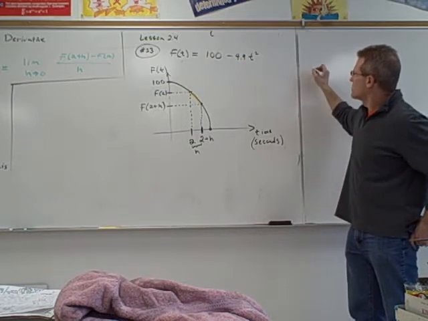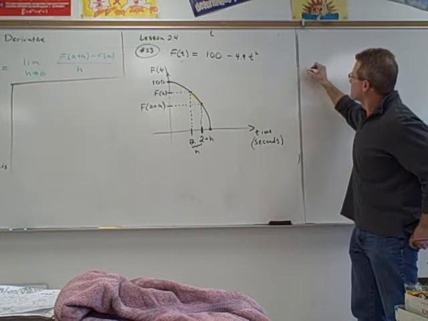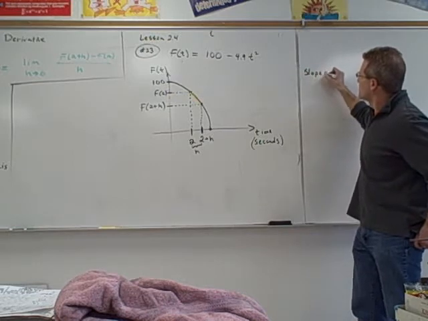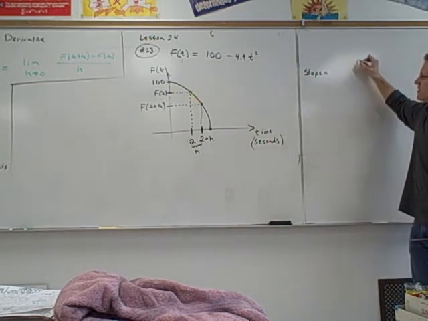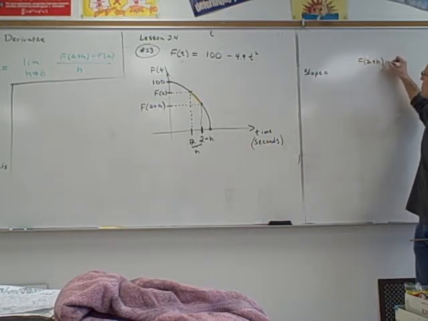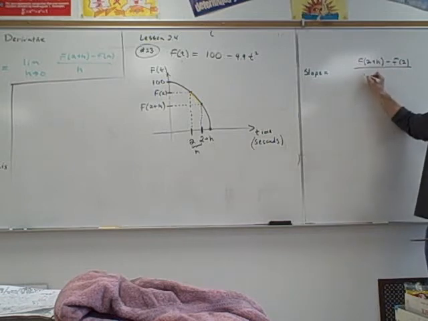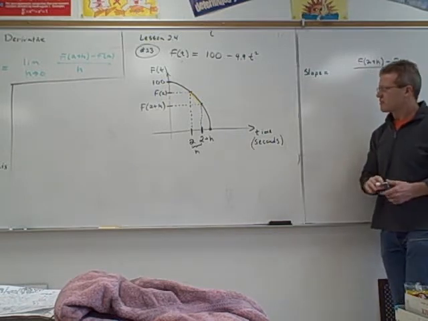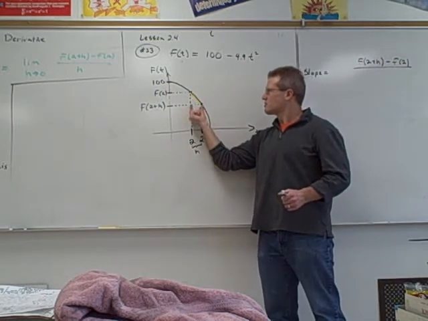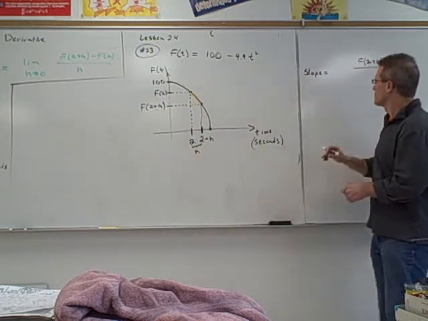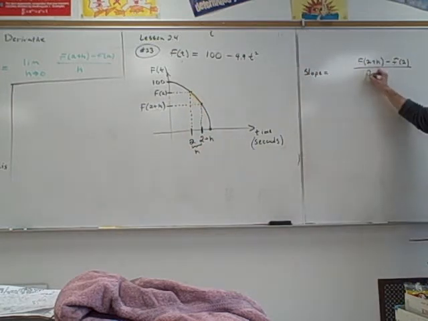So for the rise, I'm going to write it like this. This is for my slope. Leave a blank spot, then you're going to put rise, I'm going to put f of 2 plus h minus f of 2 over. The run would be what? What's the run? Run is this distance. H. Yep. Or 2 plus h minus 2.